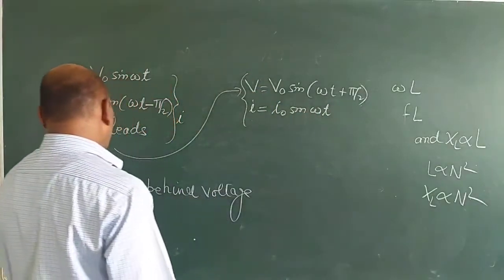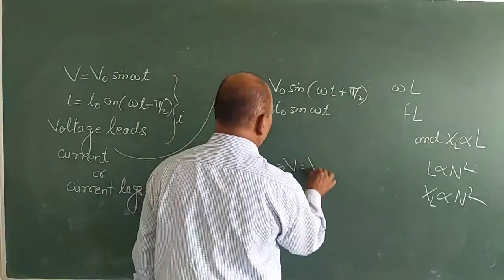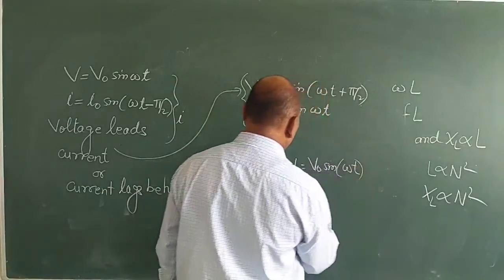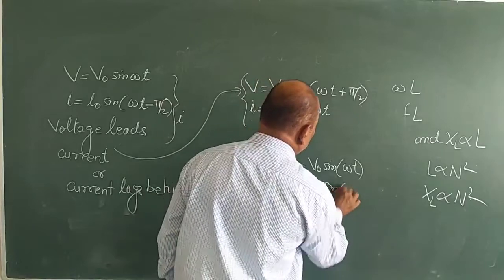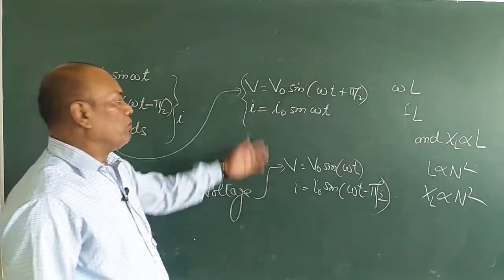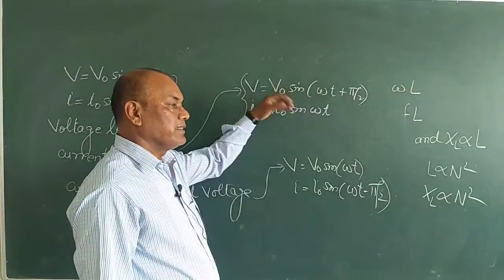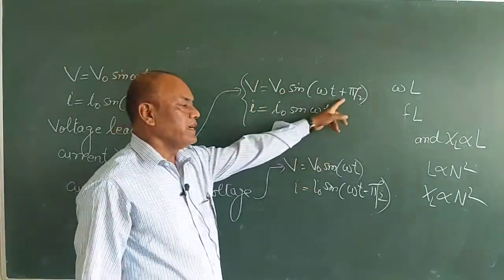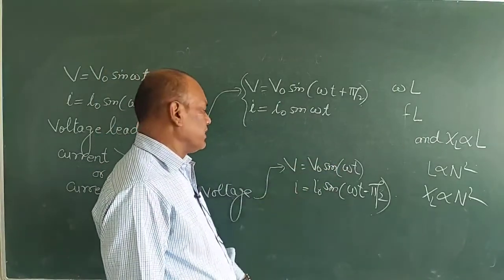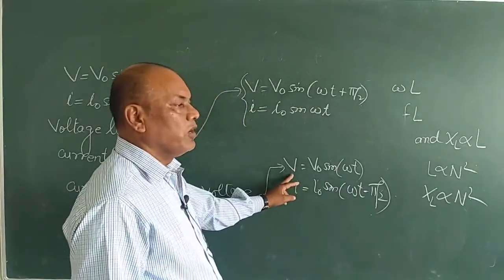And in the case of current lagging behind voltage, we can say V is equal to V0 sin omega t and I is equal to I0 sin omega t minus pi by 2. Both equations give the same sense. Either you can say voltage leads current by 90 degrees in the case of an inductor, or just the opposite, you can say that current lags behind the voltage by 90 degrees.